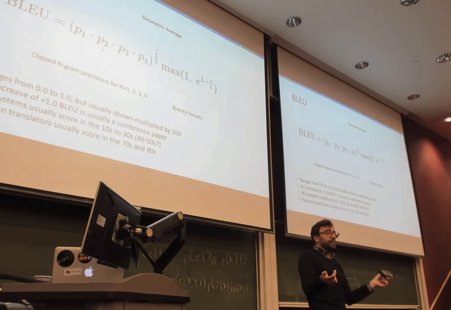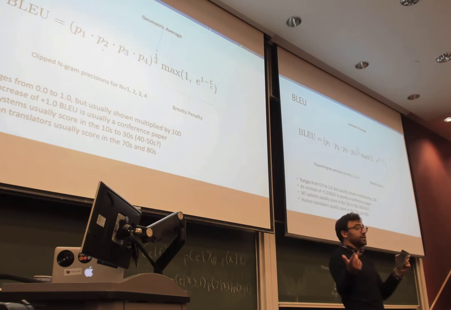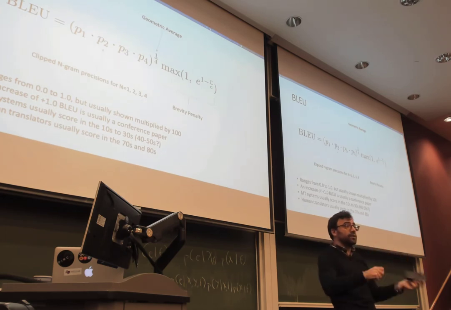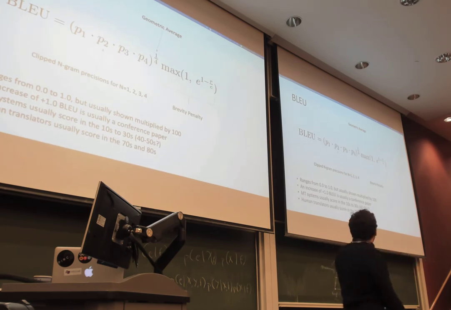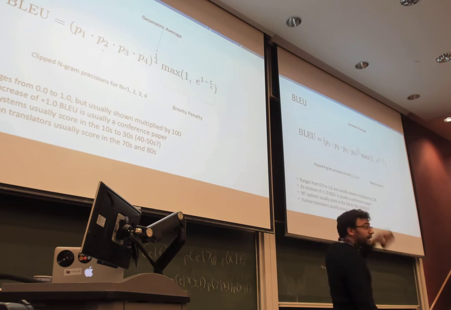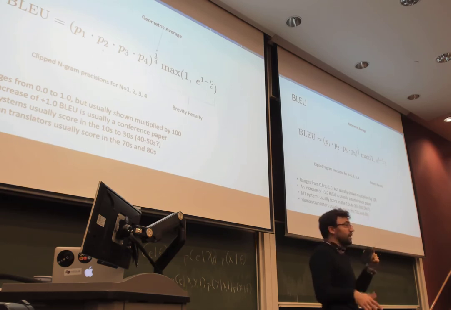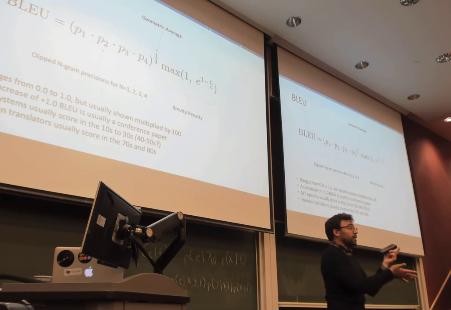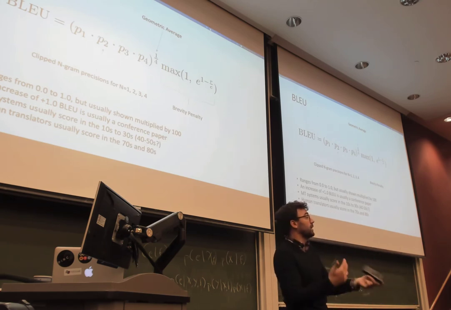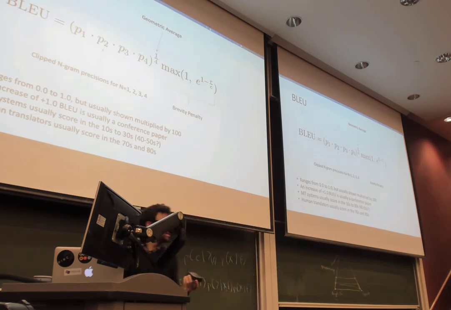If you read MT papers, you'll see that this is typically multiplied by 100, so it's a score between 0 and 100. Depending on statistical significance tests, if you build a system that's one BLEU point better than another system, then you might have a chance at publishing a conference paper, or at least at the workshop of WMT, the machine translation workshop.